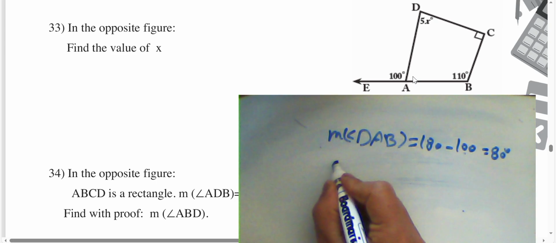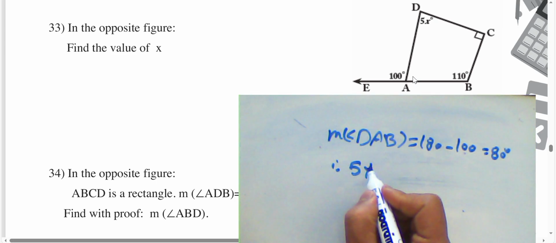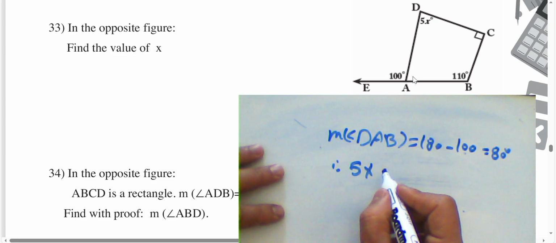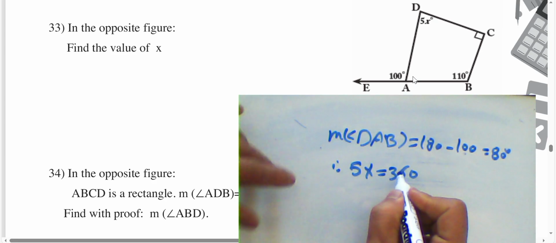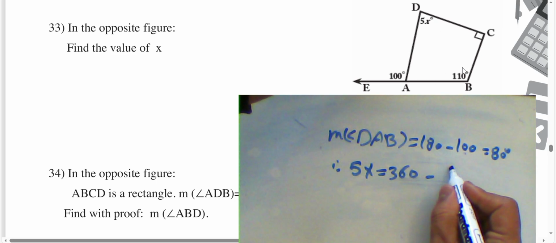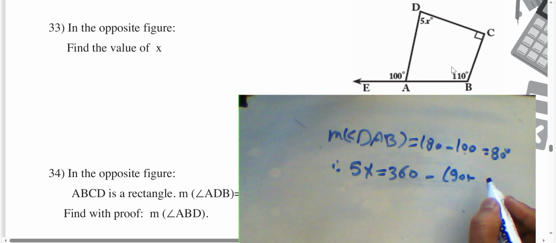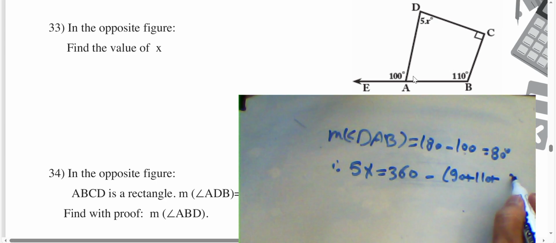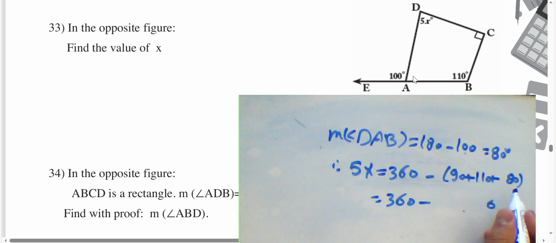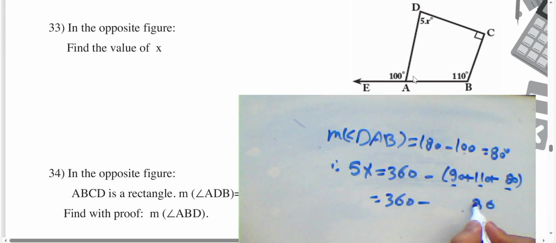Then we can find x, the value of x, the sum of interior angles equals 360. Then 5x equals 360 subtract the sum of interior angles. C was 90 and P 110 and angle A was 80. We can add them together and subtract the result from 360. 8 plus 1 is 9, 9 plus 9 is 18, 8 and carry 1. 280 subtracted from 360 equals 80 degrees.